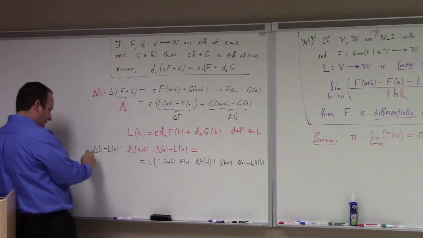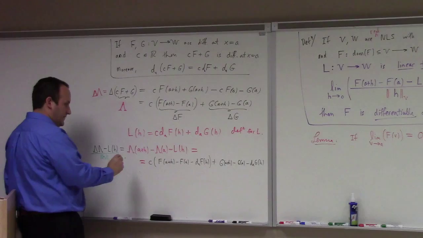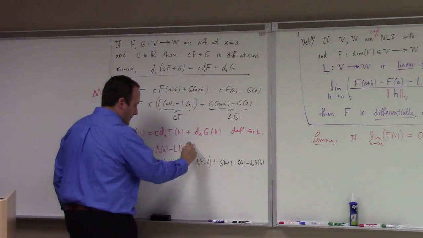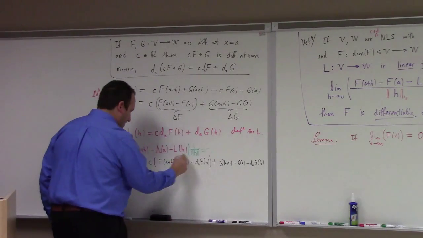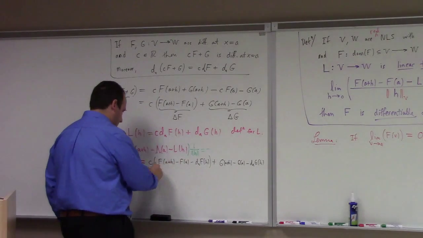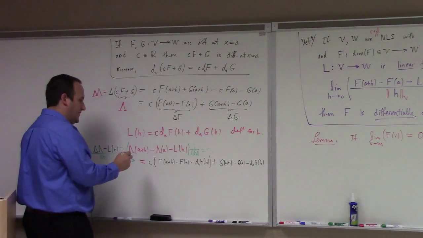It's all your fault. All right, so this divided by the norm of h is this times 1 over the norm of h, right? And so here I have, well, I guess I can take the norm of the whole thing, right?